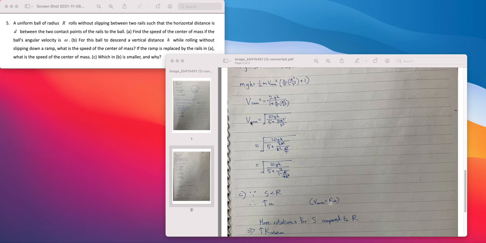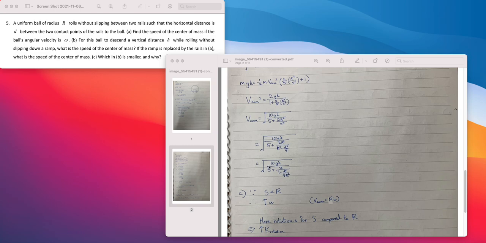After simplifying the expression, we get that the velocity of the center of mass on the rails is equal to this.